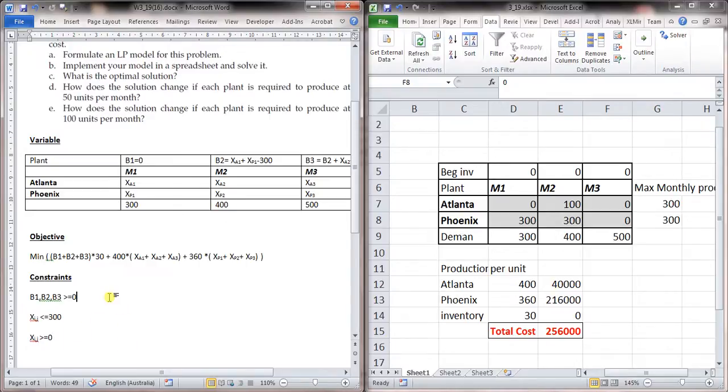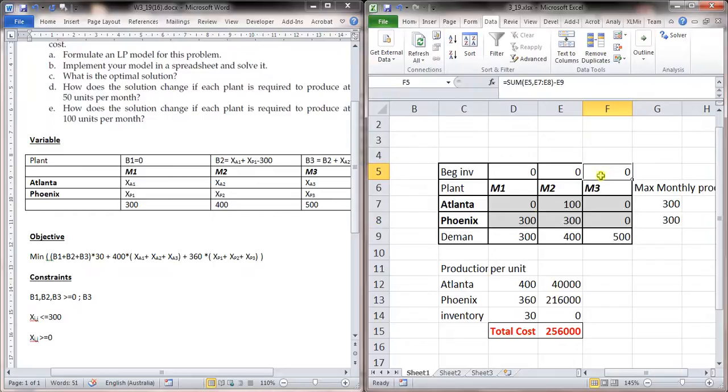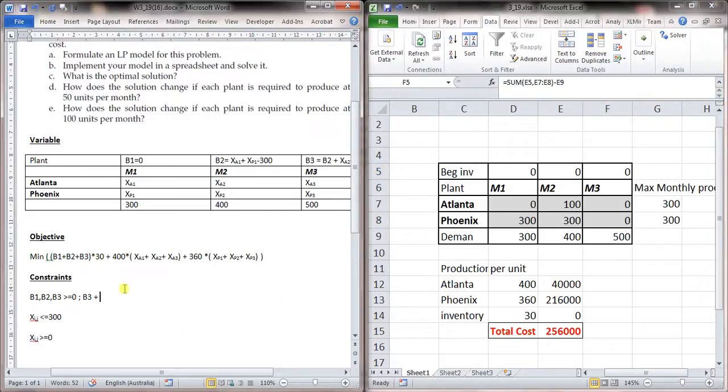So we need to have one more set of constraints, and that would be B3. That means the beginning inventory of month 3 plus production in month 3 in Atlanta and production in Phoenix in month 3 minus the demand 500 should be greater than or equal to 0.